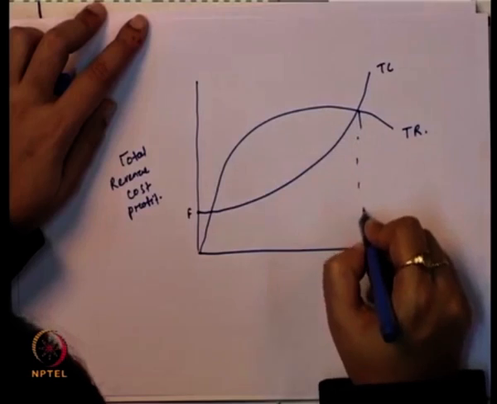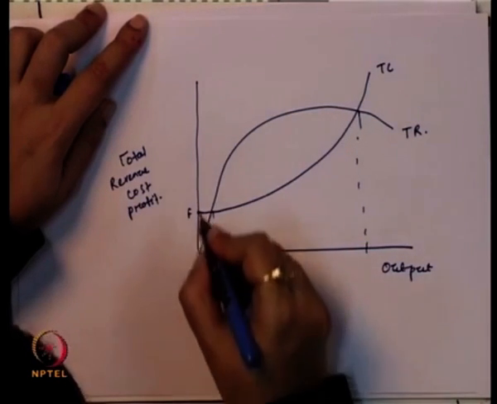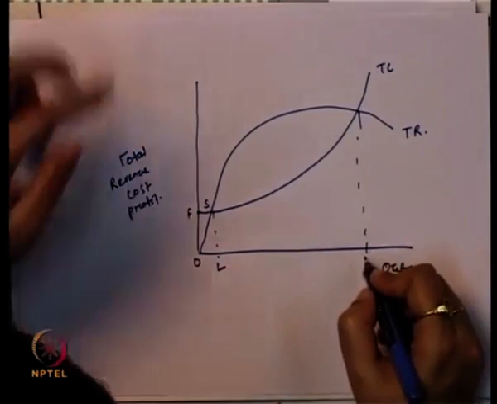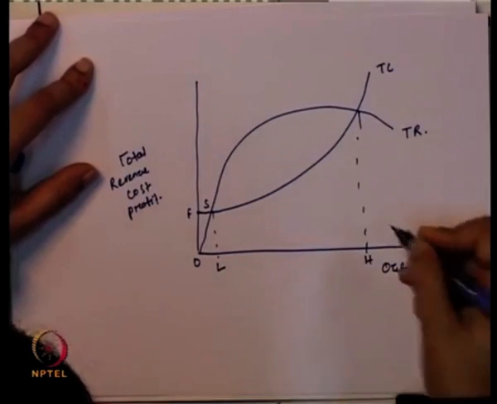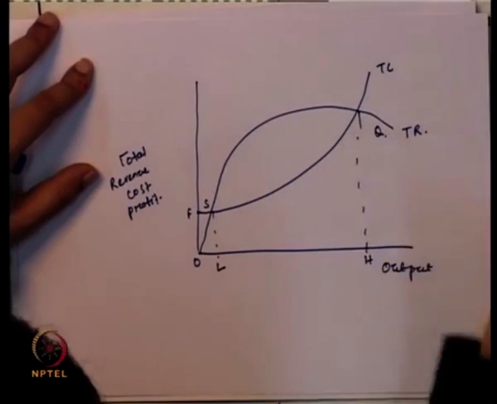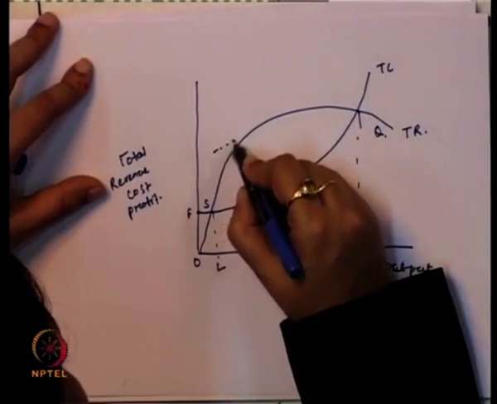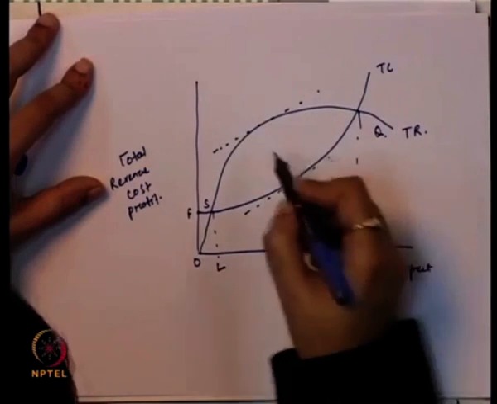So, we have one point over here. Suppose this is S, this is L, this is O and this is H. Now, suppose this is Q, and in between we will see how to find the maximum difference between the total cost and total revenue.